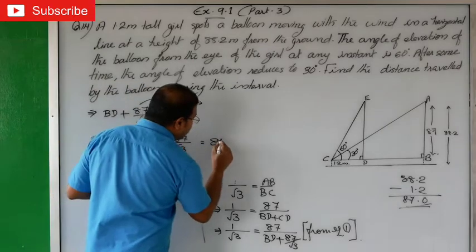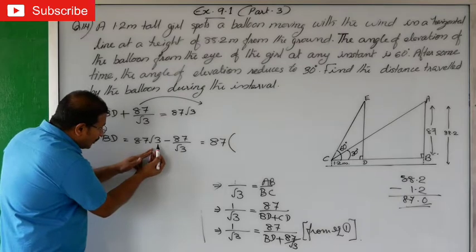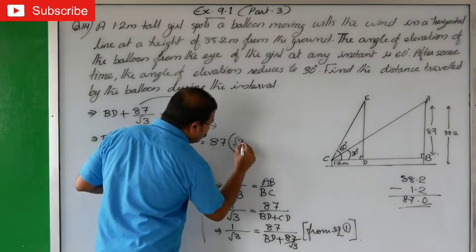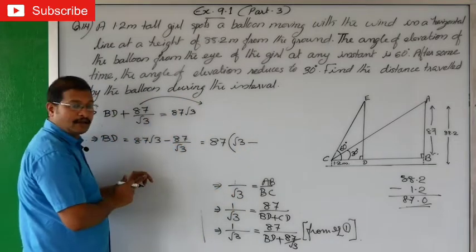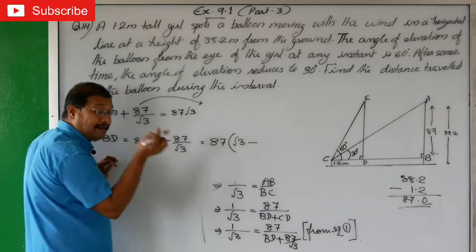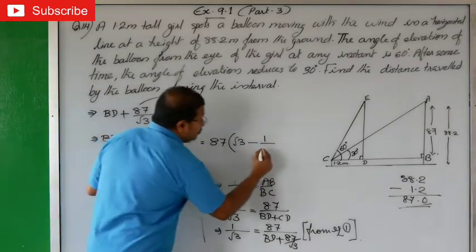Ready? So 87 bracket. What is the balance? 87 into root 3. So 87 if you take outside, balance will be root 3 minus. Now we are taking 87. If you take 87 from 87, the balance is 1. 1 by, what is the denominator? Root 3.